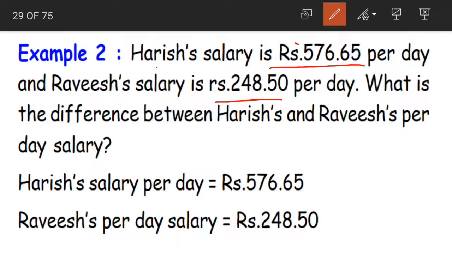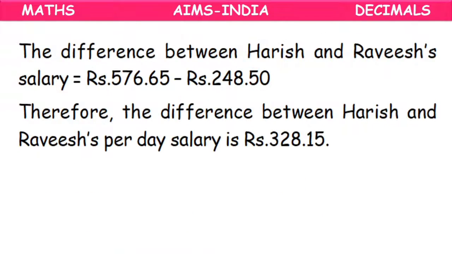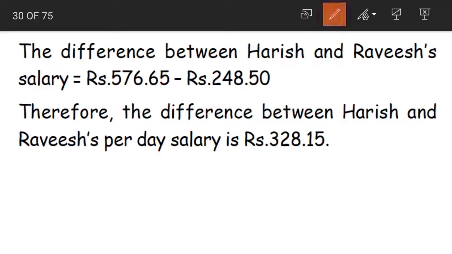Yes, Harish has 576 rupees 65 paisa and Ravi has 248 rupees 50 paisa per day. Now these two are decimals, right children? The amount represented here has a decimal point. These two are our decimals. Now we should find out the difference between their salaries. By finding out the difference means we need to subtract.